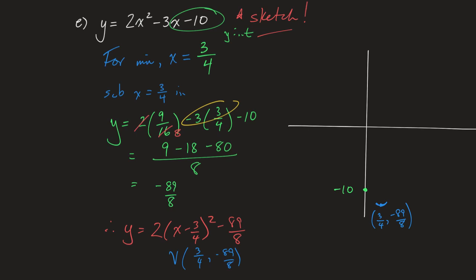So now that I have that point there, I can reflect it across the axis of symmetry to the other point. That has to have the same y-coordinate because I'm reflecting it directly across. Okay, what's the x-coordinate on that? Well, my vertex is right in the middle. So if that's 3/4 and then that's 3/4, then it has to be 6/4 or 3/2.